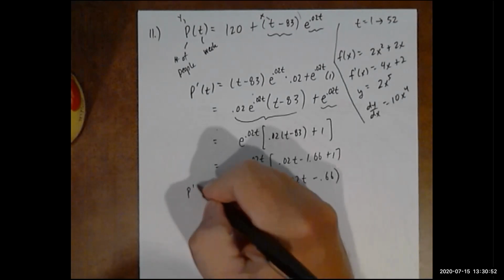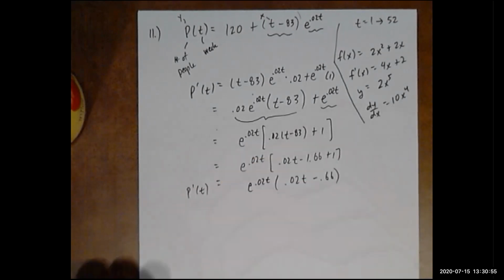So this is the derivative, or the rate of change of the number of people that are visiting the website per week.